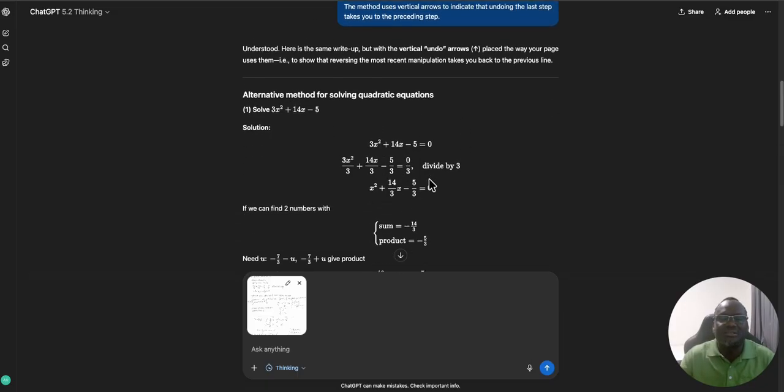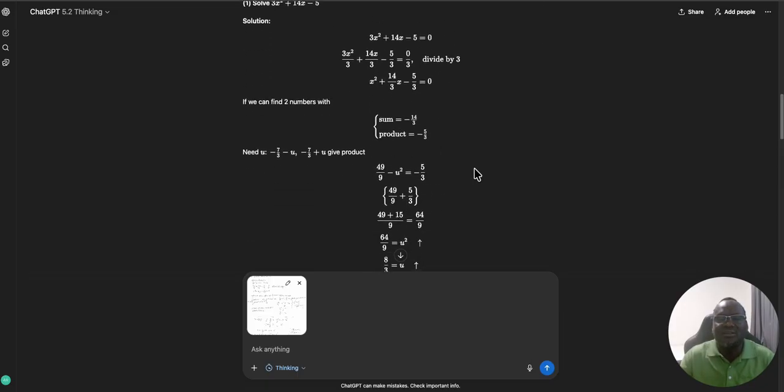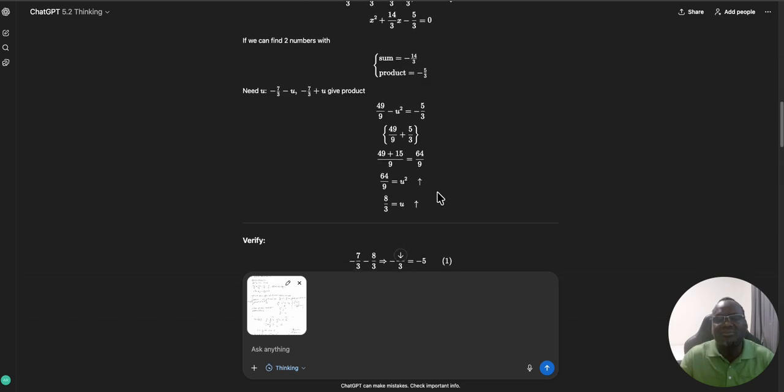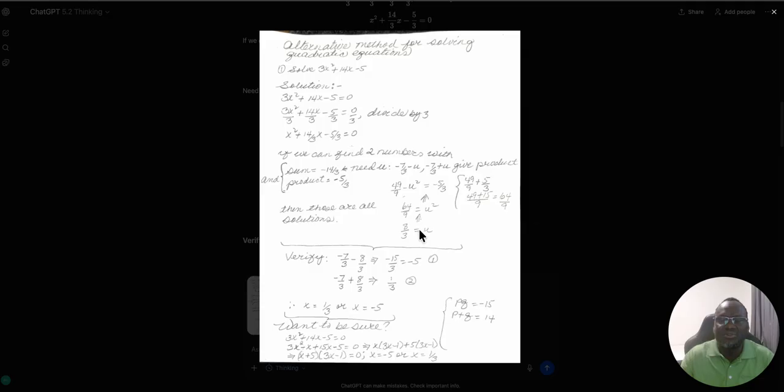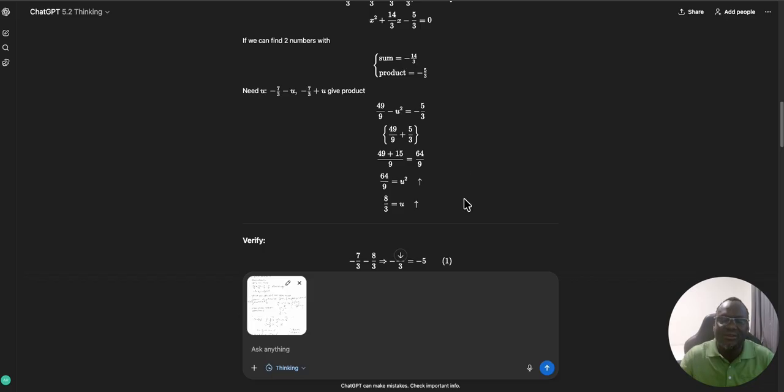It's repeating the same thing, using the arrows, but not exactly how they are used. You're supposed to go from this positive equal sign to that, and it didn't come out exactly like my paper because of spacing issues. The arrow is supposed to sit above the equal sign, going all the way back up.